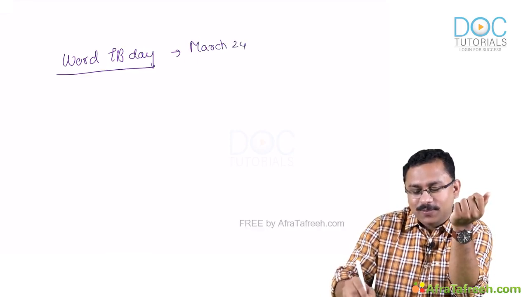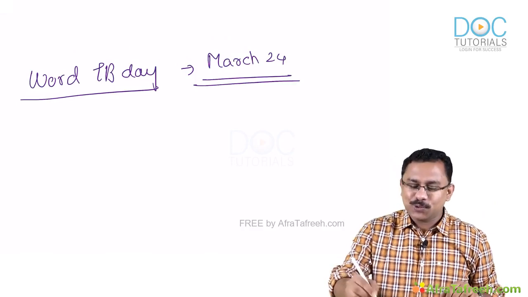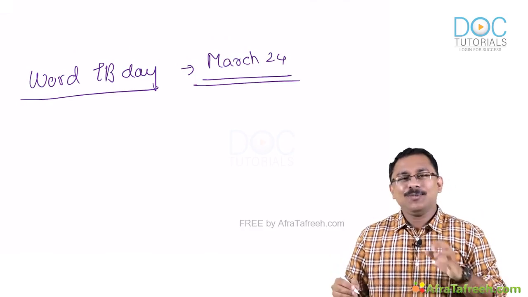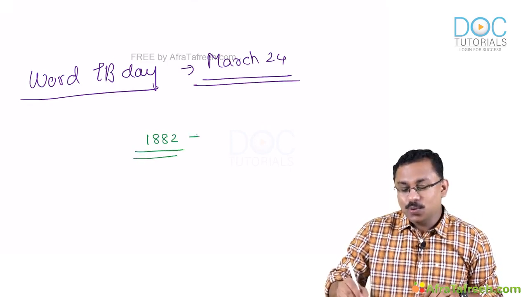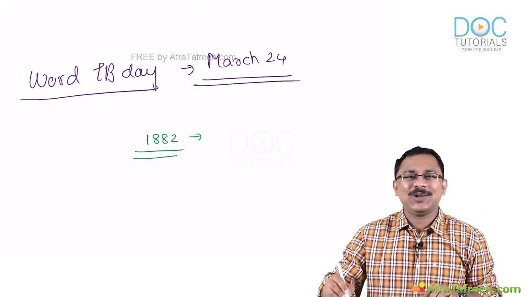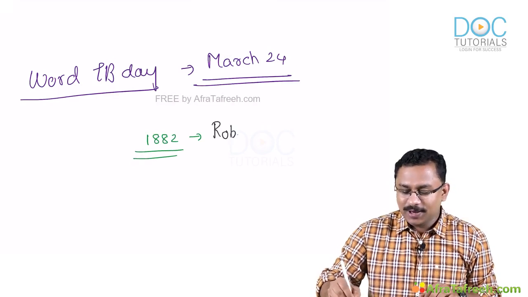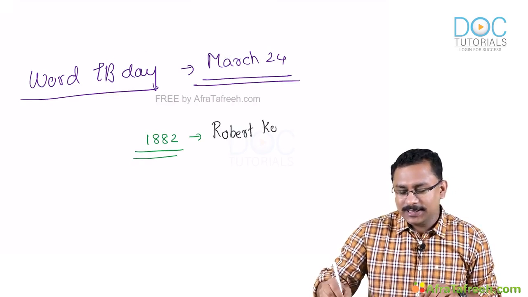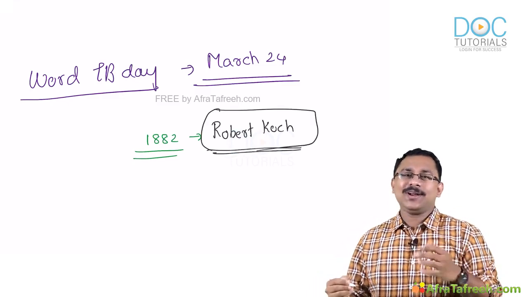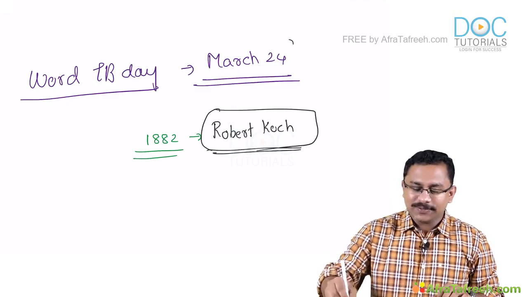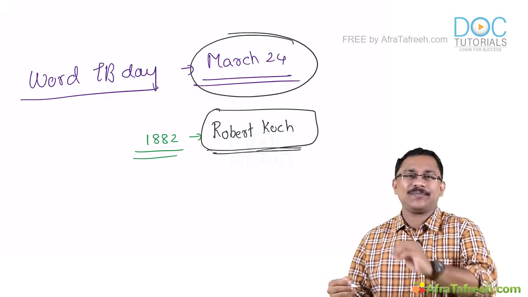Why is March 24 so peculiar? Because it was on March 24, 1882 that Robert Koch discovered Mycobacterium tuberculosis, the tubercle bacillus. Because of that, March 24 is World TB Day.